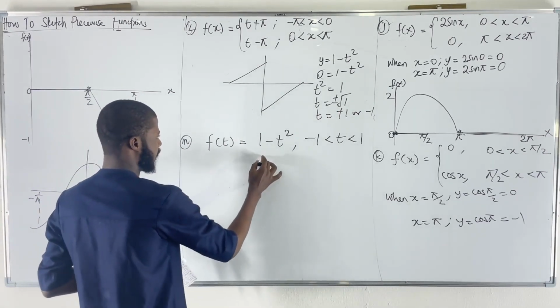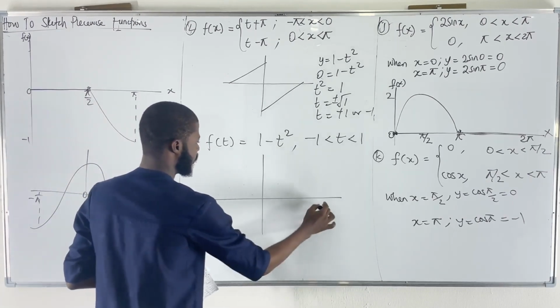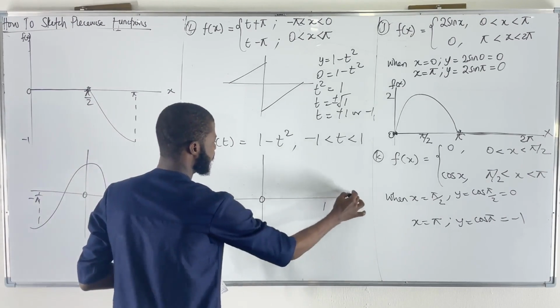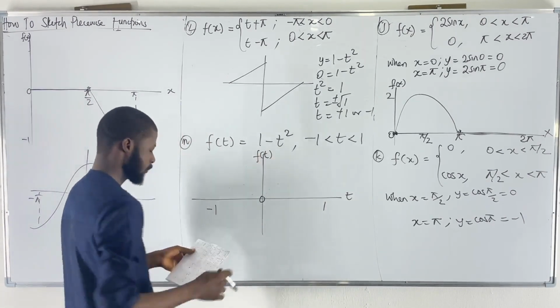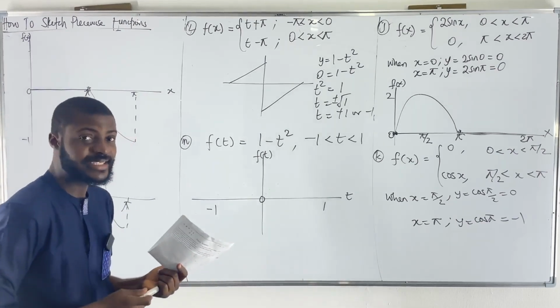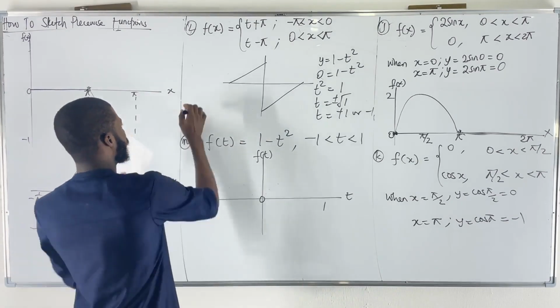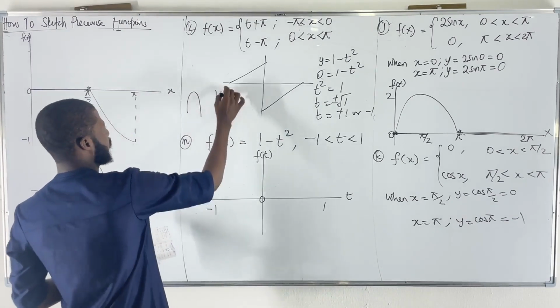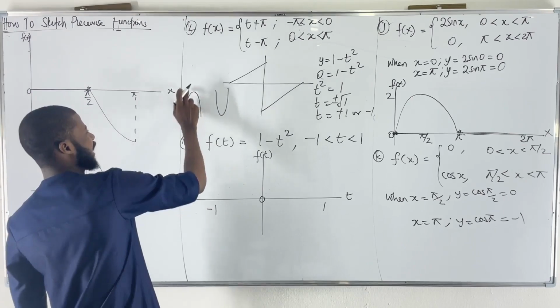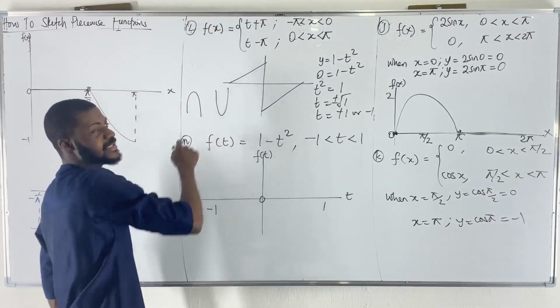So this is actually very easy for us to draw. I'm going to have something like this. So this is minus 1, this is 1, this is 0, this is t, and this is f of t. Now take note, this is where it becomes much more critical. Will this look like an N or a U? Would it be open upwards or open downwards?